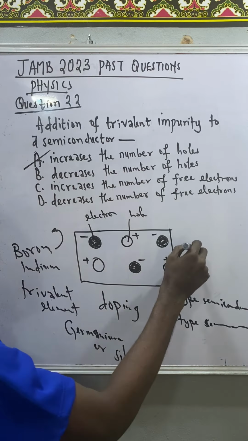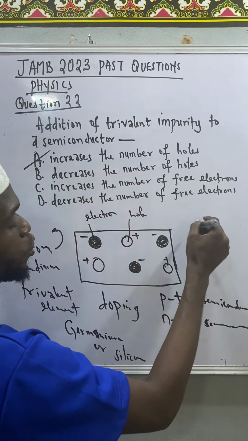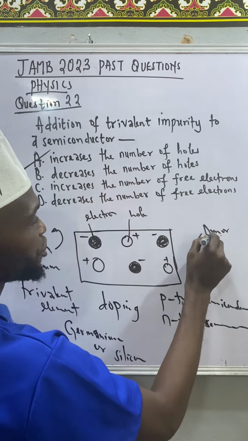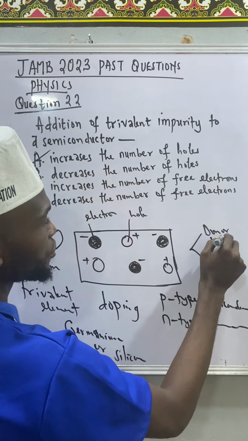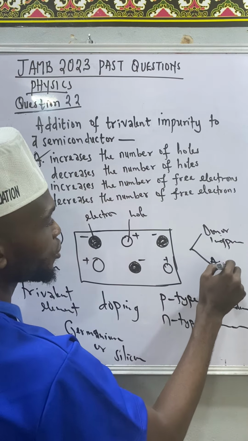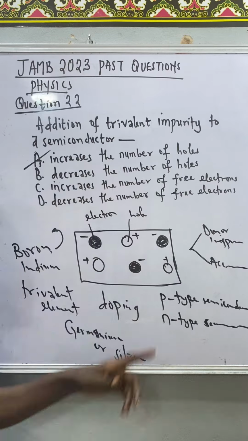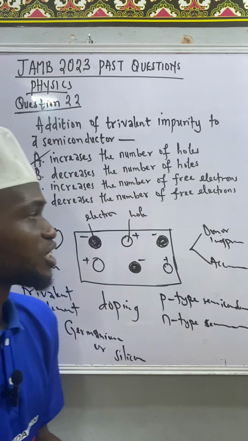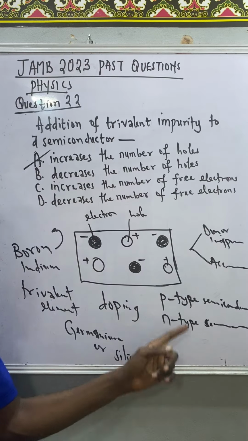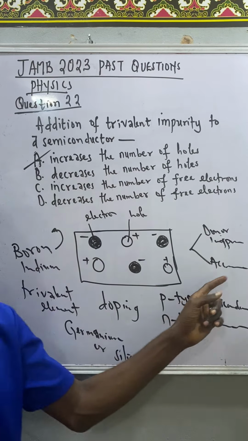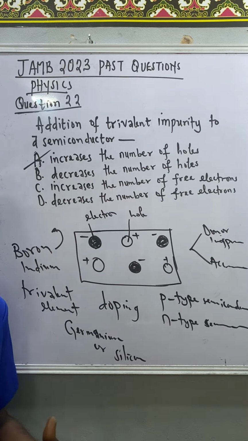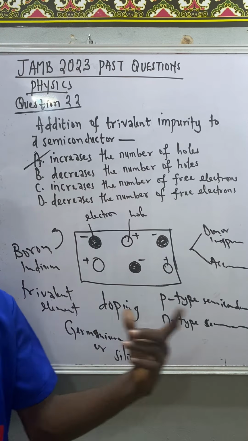Now, the impurity can be divided into two. We have the donor impurity and the acceptor impurity. Donor impurities are the ones that always donate electrons to the semiconductor, while acceptors are the ones that always accept electrons from the semiconductor.